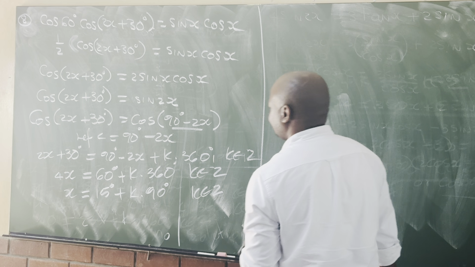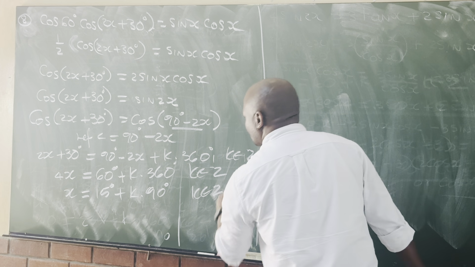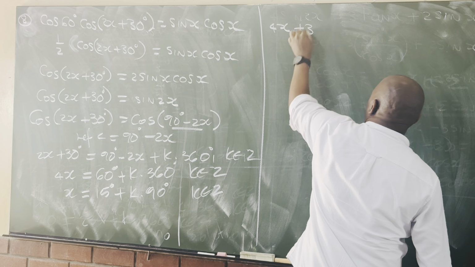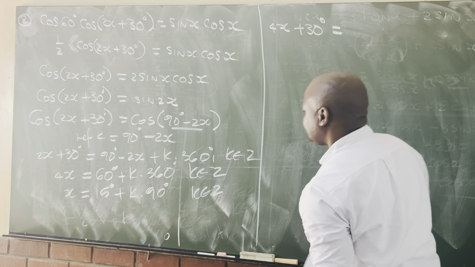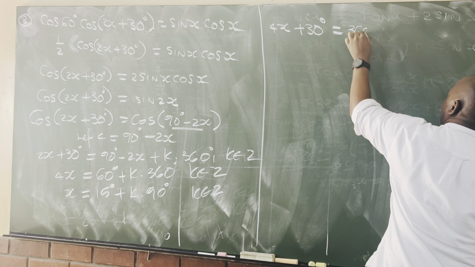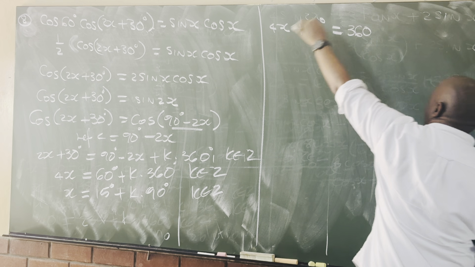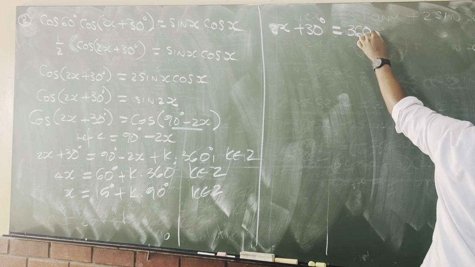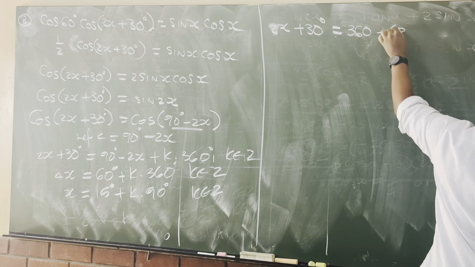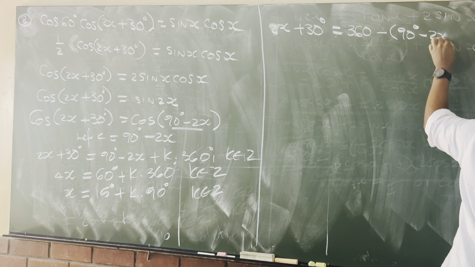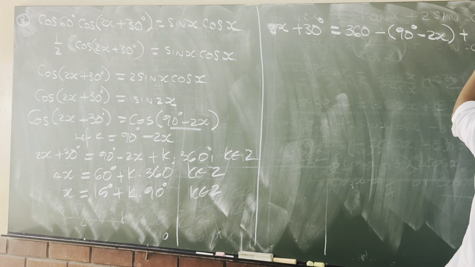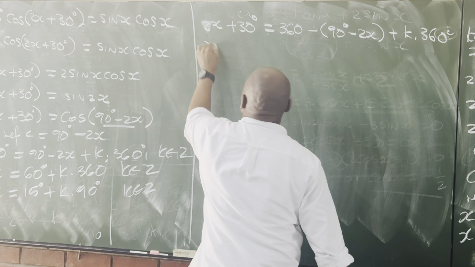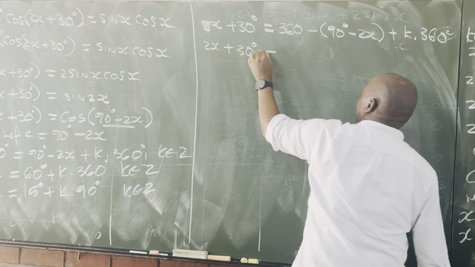Our second solution is in the fourth quadrant. So we have 4x plus 30 is equals to 360. You said 360. Oh, it's 2x. Oh, sorry. It's 2x is equals to 360 minus into 90 minus 2x plus k times 360, where k is an element of integers. And then we have 2x plus 30, and then we distribute.